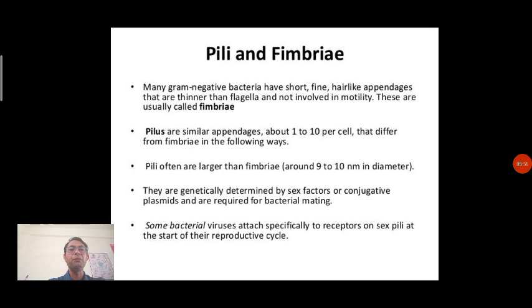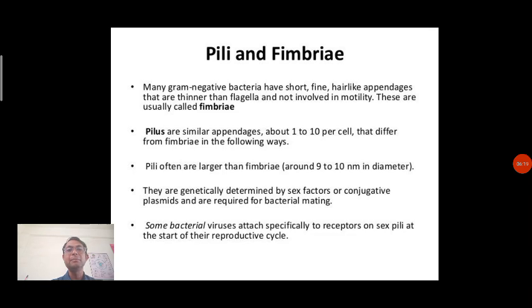And the last difference is that some bacterial viruses attach specifically to receptors on sex pili at the start of their reproductive cycle. So we can say that pili and fimbriae act as appendages, or organs, for the attachment of the bacterial cell.